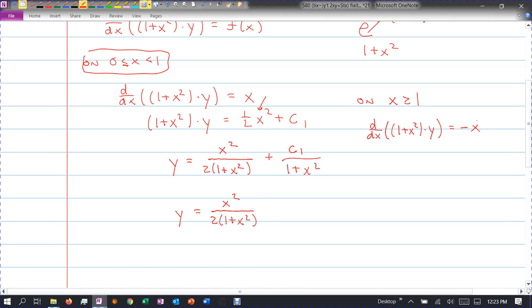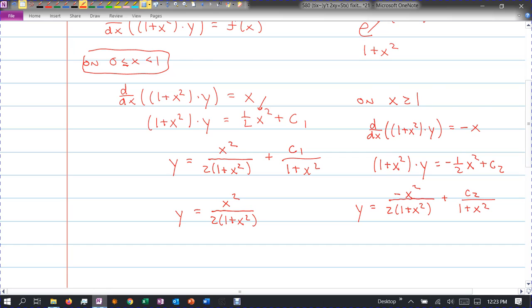And now when we integrate, the only difference is that (1 plus x squared) times y must equal negative 1/2 x squared plus some constant. And we can divide through again, and we get y equals negative x squared over 2 times (1 plus x squared) plus c sub 2 over 1 plus x squared.